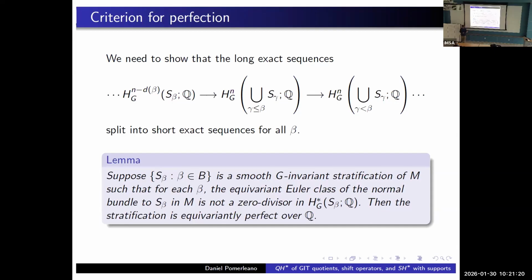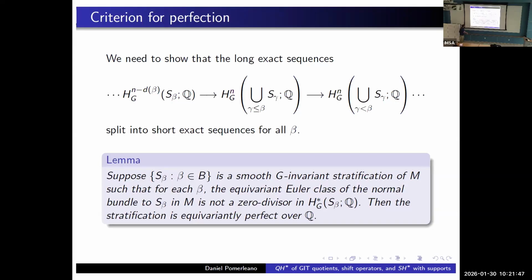So one way to do that would be to show that multiplication by the Euler class of the normal bundle is not a zero divisor. It's not equivalent, but that would in particular imply injectivity of this map, which is basically what you need to prove.